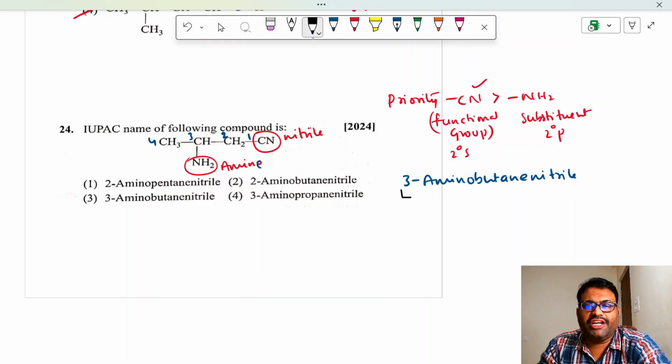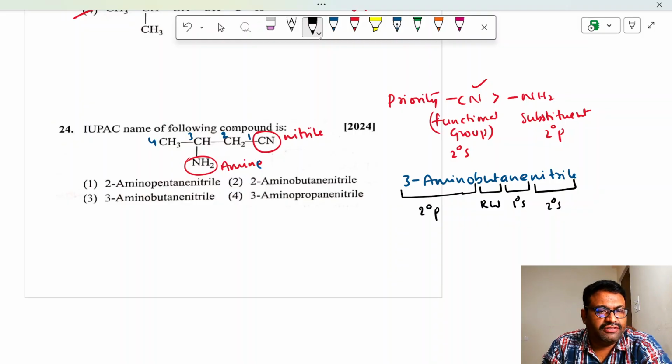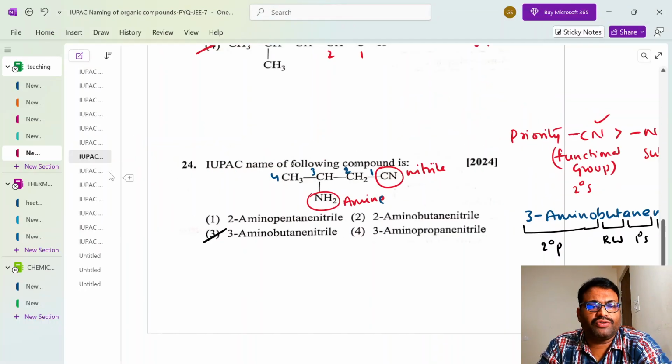So what is this 3 amino? 3 amino is the secondary prefix, but is the root word, an is the primary suffix, nitrile is the secondary suffix. Are you getting this? So where is the answer? 3 amino butane nitrile. That's the answer. Okay. Next question.